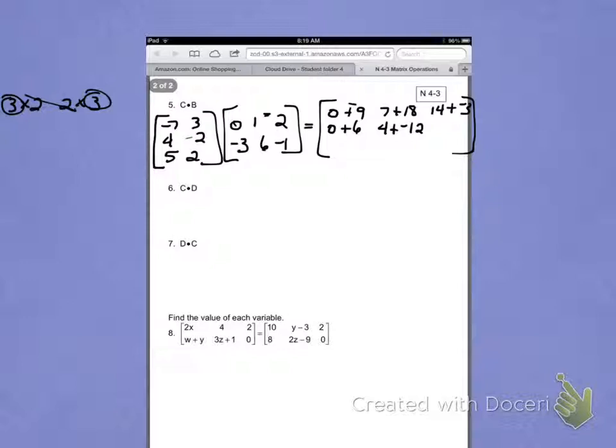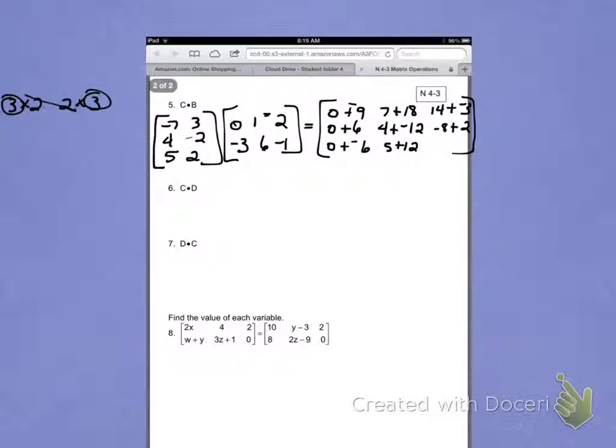And in the next one we have negative 8 plus 2. Bottom row in the matrix will have 5 times 0 is 0, plus negative 3 times 2, which is negative 6. Then we have 5 times 1 is 5, plus 12.